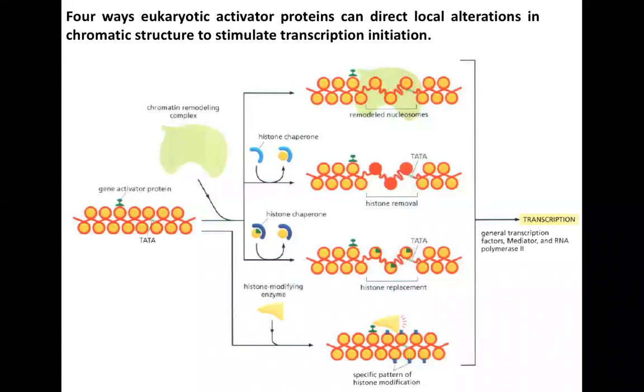They could carry out nucleosome sliding, histone removal, histone replacement, or they could change the patterns of histone code. So these are the 4 different ways these gene activator proteins could carry out transcription initiation, and the 4th one we studied in detail just now.